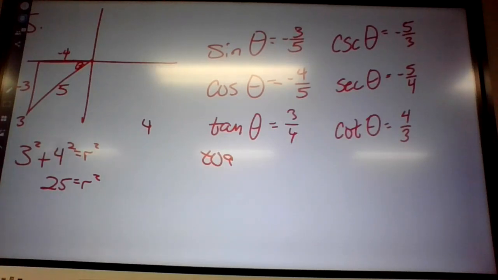So on 16, you guys know cotangent is tangent upside down, right? So instead of opposite over adjacent, they're telling you the adjacent over the opposite. Between 0 and pi is the first two quadrants, but tangent or cotangent is negative only in the second quadrant.